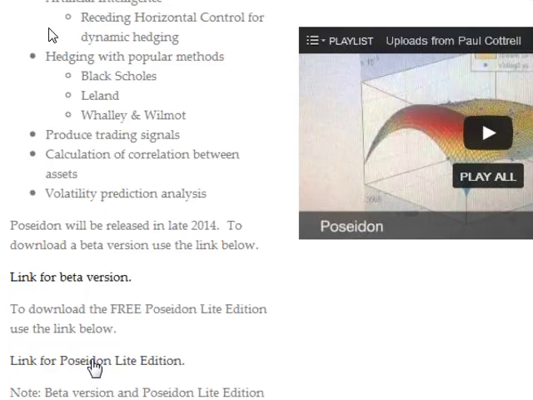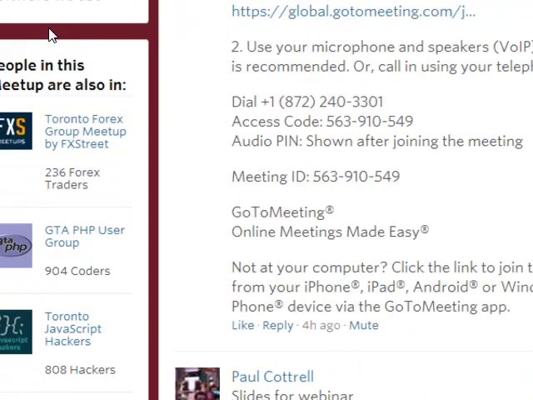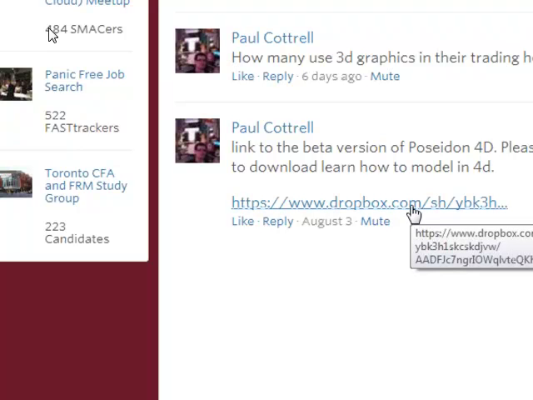And if you want the beta version of the 4D, you can get that on the Meetup, right here. Link to the beta version of Poseidon 4D. Just click that, and you'll go to my Dropbox server, and you'll be able to download the 4D version.